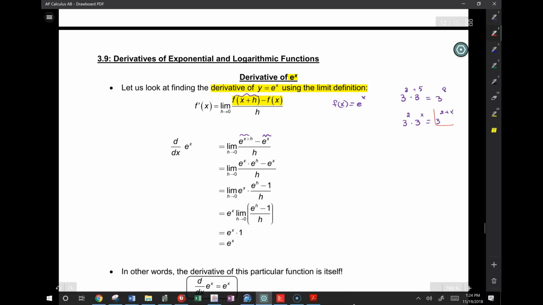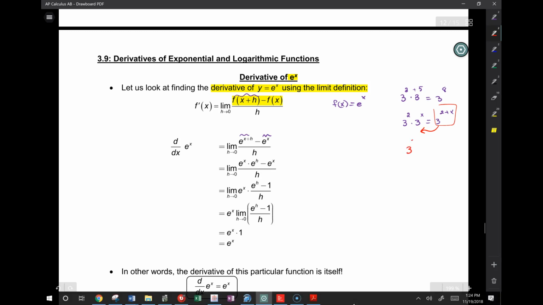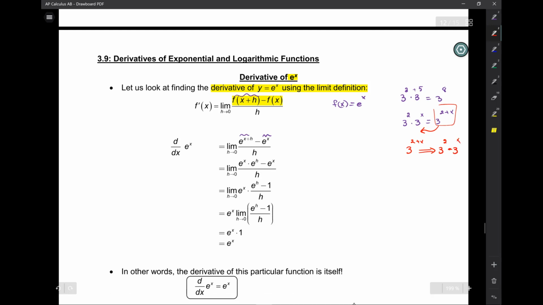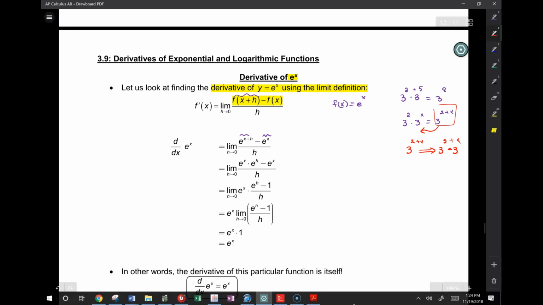Now, suppose I have this and I want to go backwards. If I gave you 3 to the 2 plus x, can I go backwards and say that's 3 to the 2 times 3 to the x? I can say that, right? Because what happens if I add these up? I get 2 plus x.